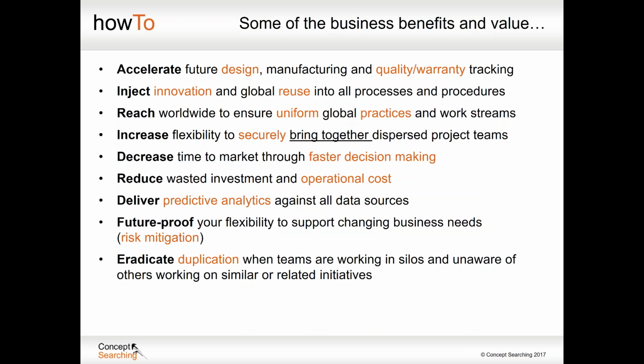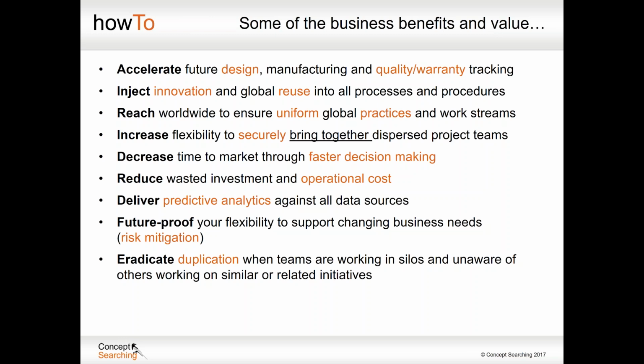Now, you can start to think about all of the business benefits and the business value of this, right? Things from accelerating future design and manufacture, quality warranty, tracking, global reuse in all of your processes, procedures, your products. So finding a product in your organization that already does what you need it to do in a different division and then reusing it for a different product line.